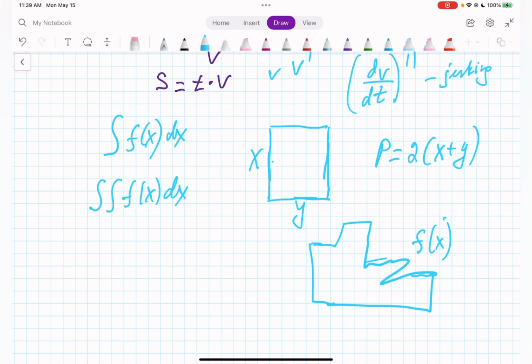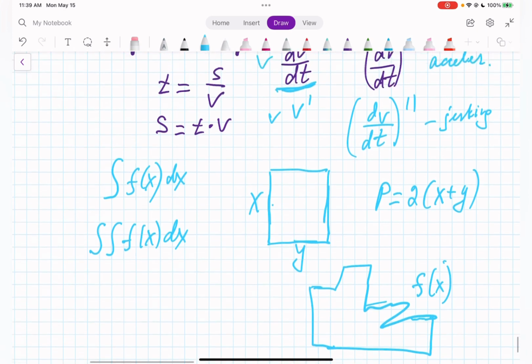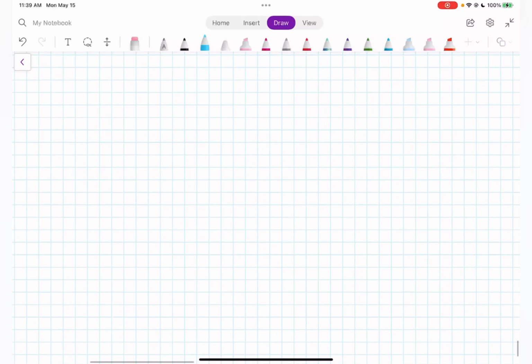So integral is dealing with geometry, and derivative is dealing with algebra, in dynamics. So let's start working. Let me move to a clean page, and let's start figuring out how we're going to work with integral.